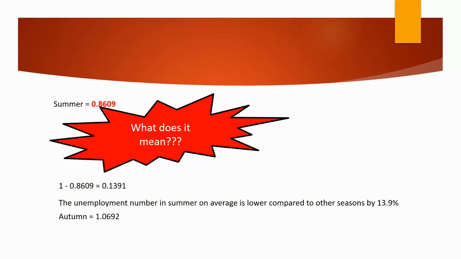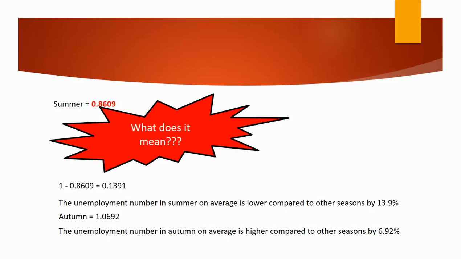What if the seasonal index value is greater than 1? For example, here for autumn it is 1.0692. Similarly, the unemployment number in autumn on average is higher compared to other seasons by 6.92%.